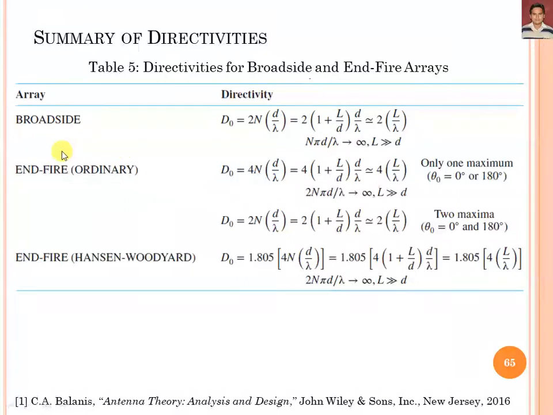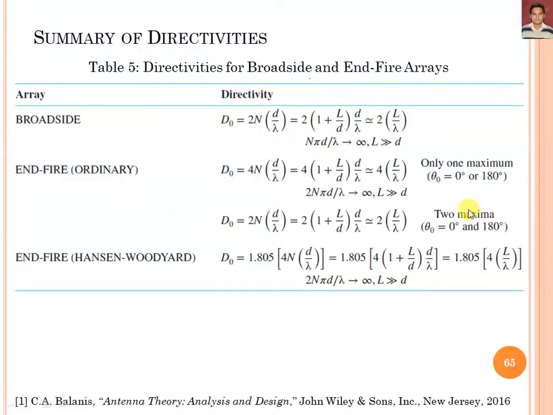But for the ordinary end-fire array, we calculate the directivity D naught as 4nd by lambda, and this expression is valid only for theta naught equal to 0 degrees or 180 degrees, as we take an assumption when calculating the directivity for the ordinary end-fire array.